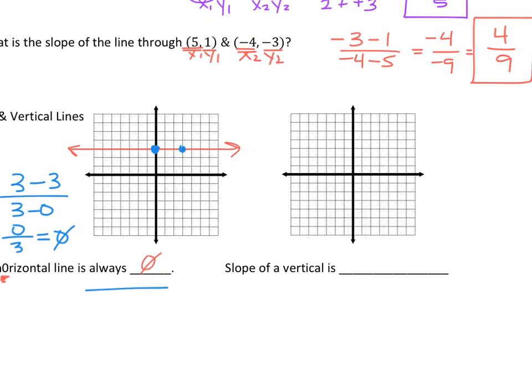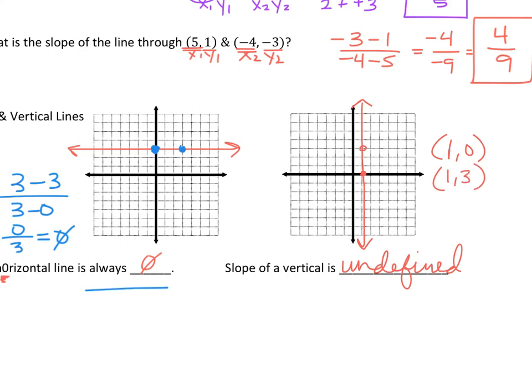What is the slope of a vertical line? So this is a vertical line. Undefined, right. Undefined is the slope of a vertical line. And same thing there. I can pick 2 points. So say I pick the point 1, 0, and I pick the point 1, 3.